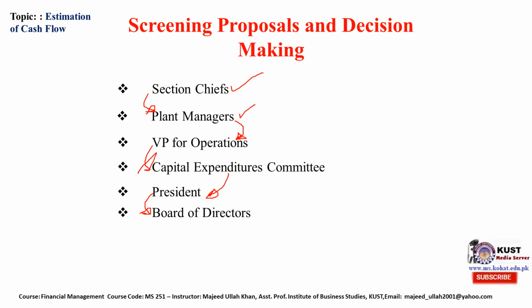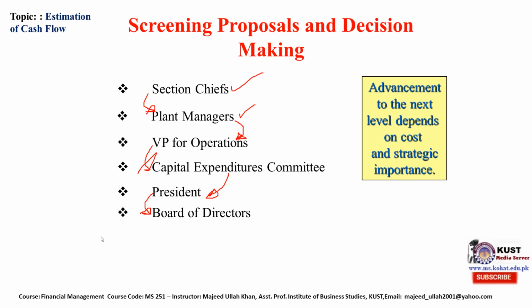But this advancement to the next level depends on what? It depends on the cost and strategic importance. Two things are involved: one is cost, and second is strategic importance.